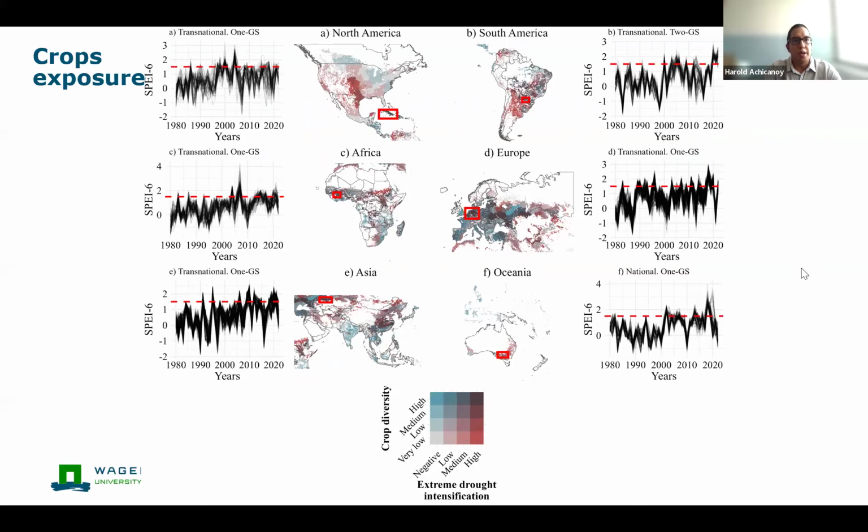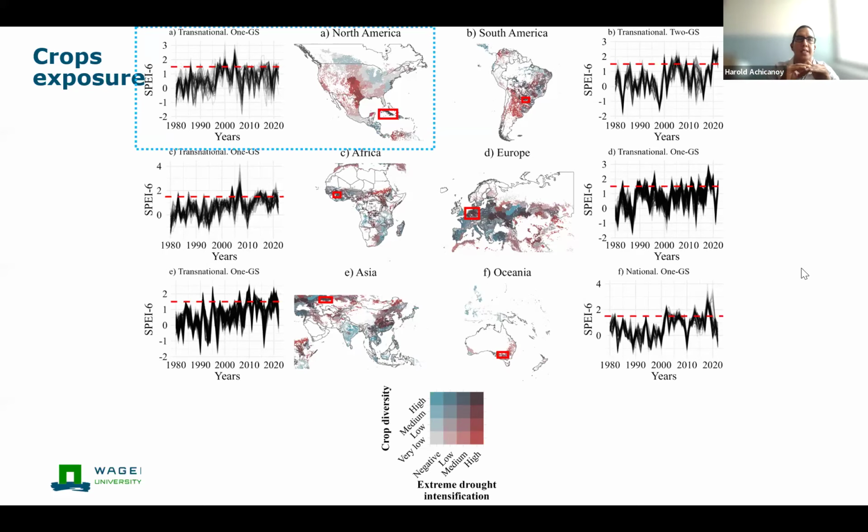As I said before, we also analyze the exposure of crops, but also livestock. So in this graph, what you are seeing are basically results per continent, in which in these maps, what you're seeing is a bivariate color scale, where we are highlighting the extreme drought intensification, which is characterized by the slope of the time series.